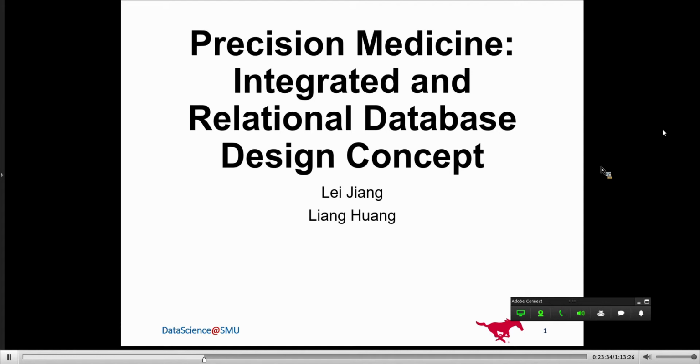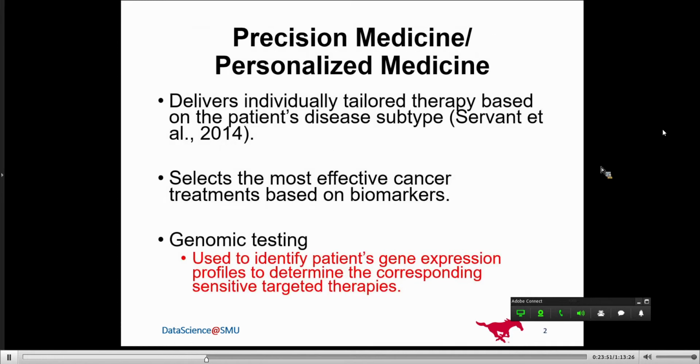First, the motivation of this project is we want to apply what we learn in class to solve some important real-world problems. You will see what I mean in a minute. So first, I'd like to give a definition of precision medicine.